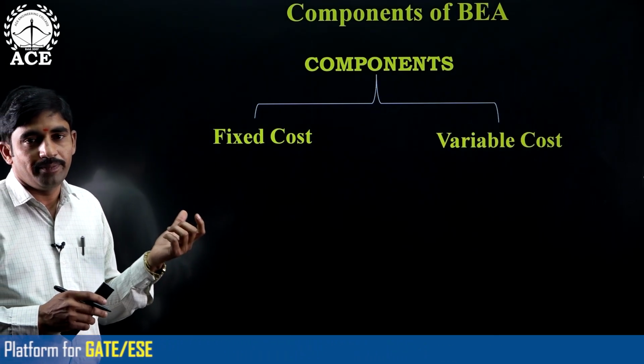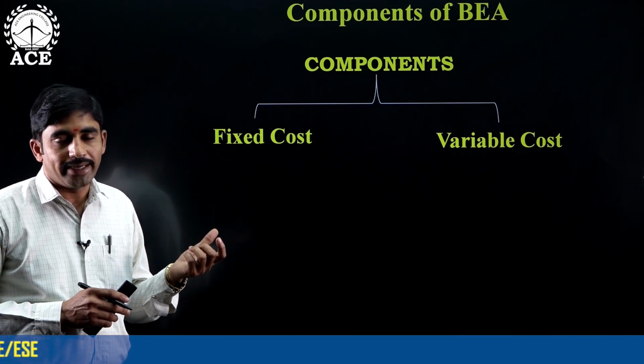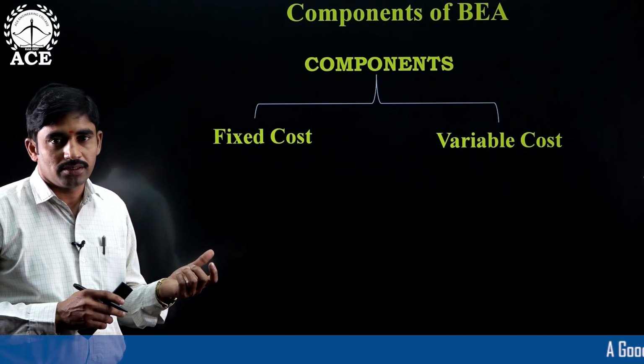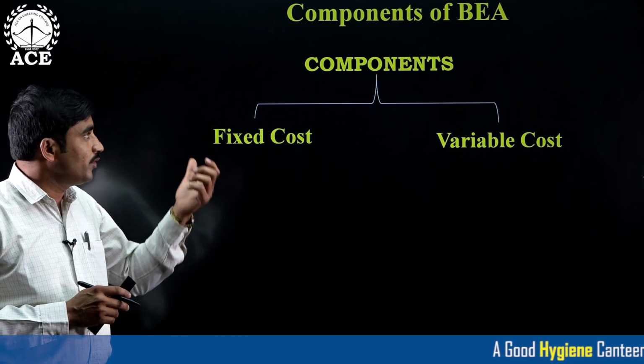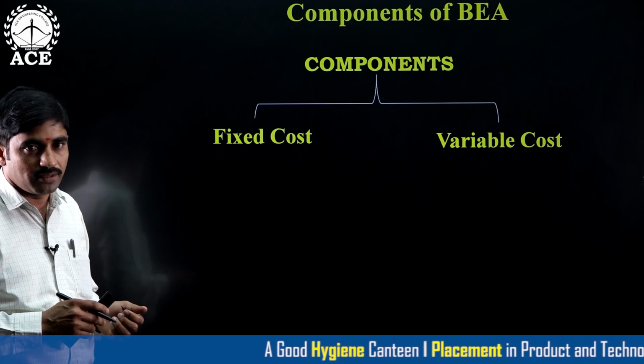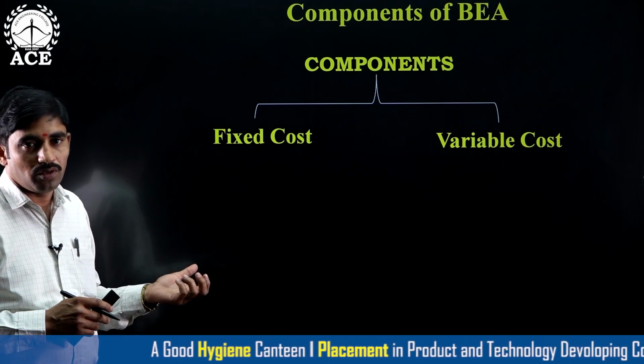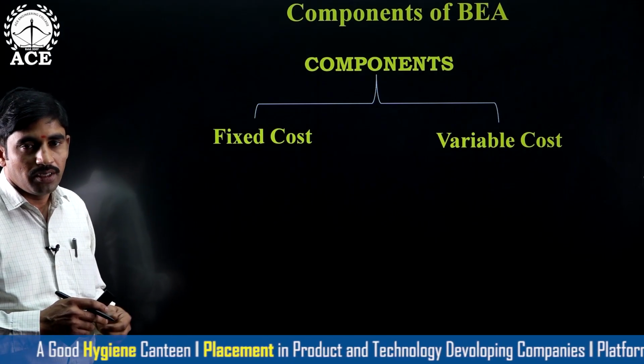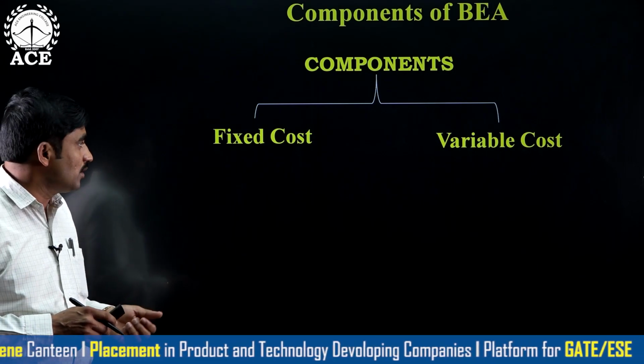These two are the major components generally economists or financial managers consider at the time of determining the break-even point while using the break-even analysis. Now let us see what is fixed cost and what is variable cost and what are the examples of these components.